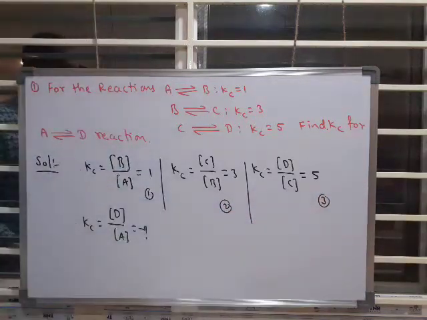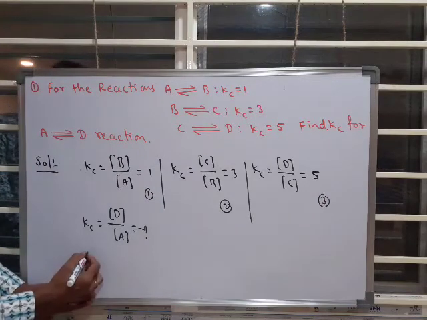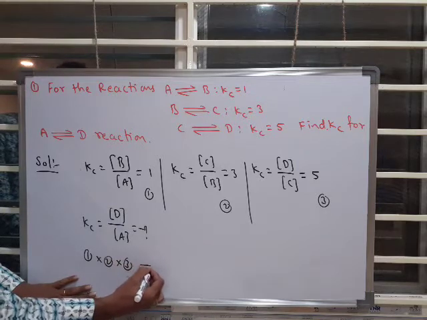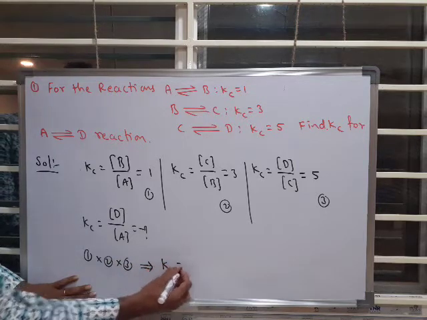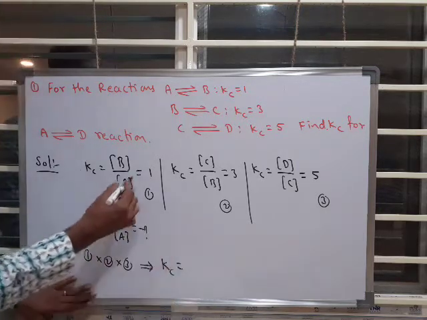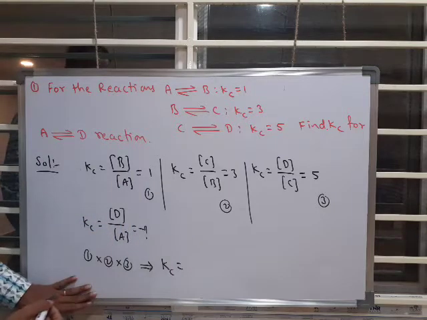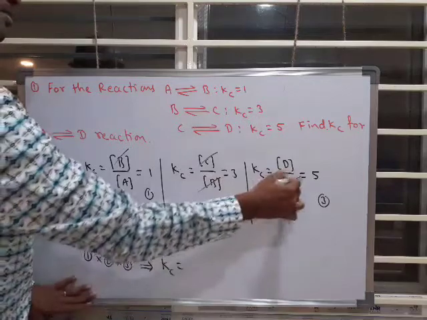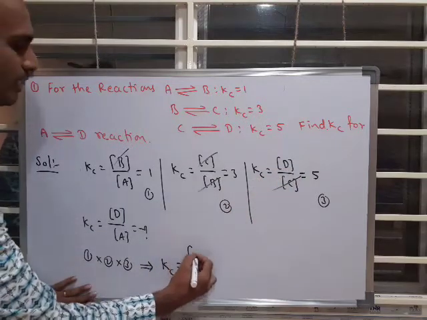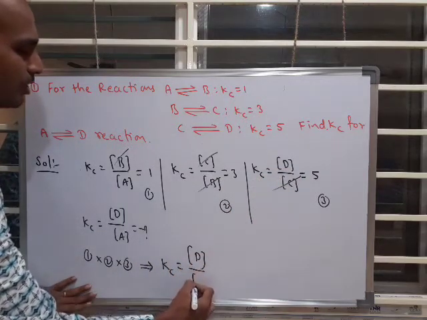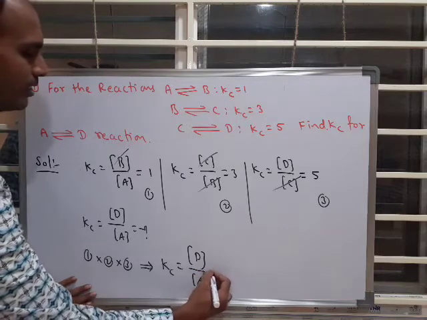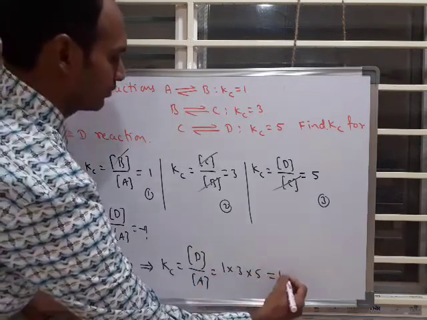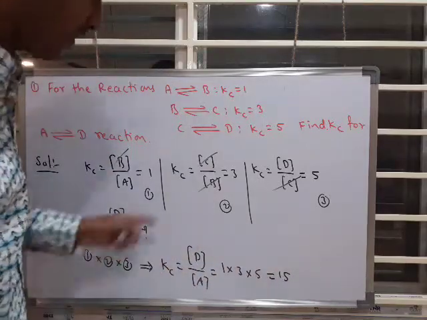Just multiplying equations 1, 2, 3, we will get D by A. On multiplying this, the B's cancel and the C's cancel, so simply we get D by A. So this is the original derivation.